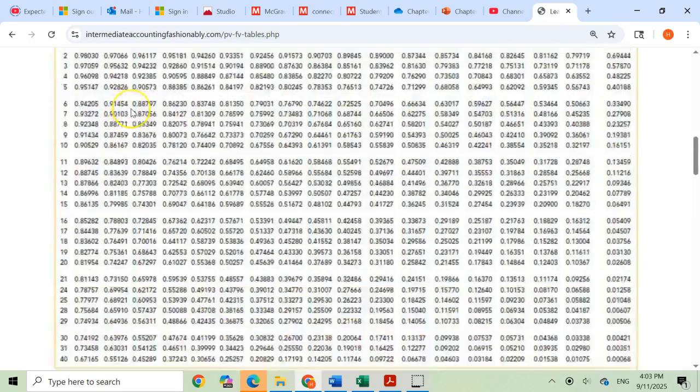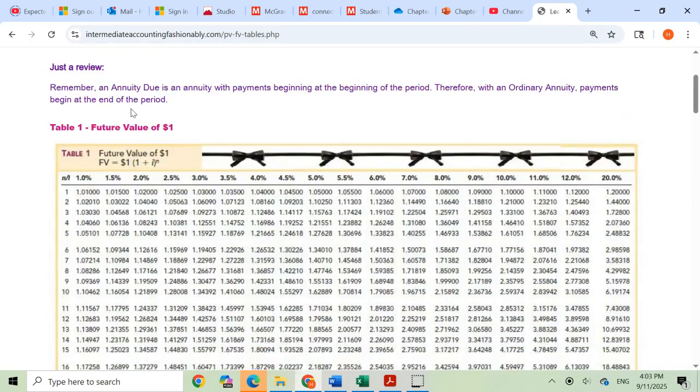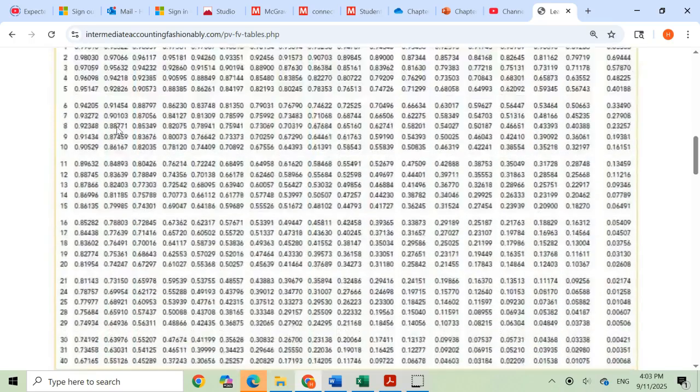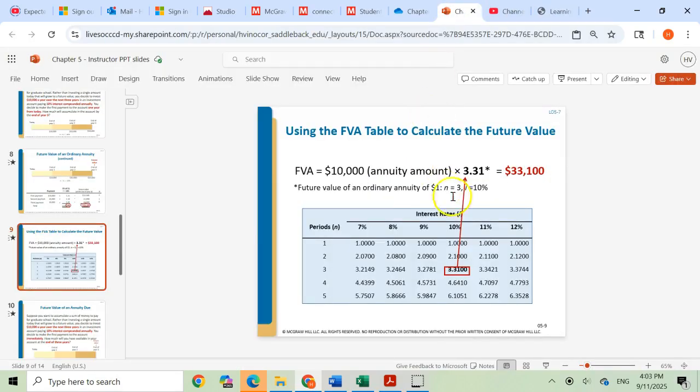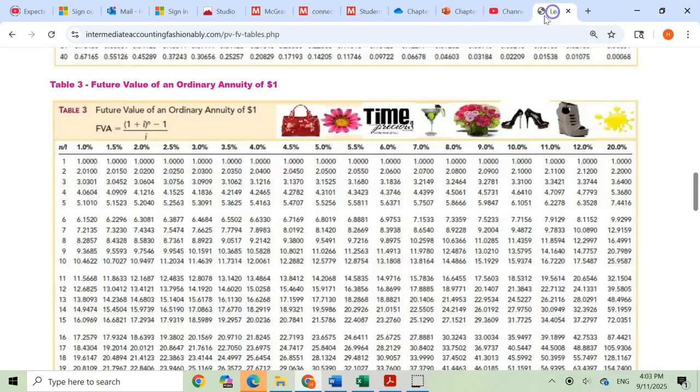This is the same tables I've used in previous videos. So again, note which table you're using. This would be the future value of an ordinary annuity. N equals 3, right? We have a 3-year period and interest rate is 10%. So I'm going to go to N equals 3 because I have 3 compounding periods, and at 10% it is 3.31.